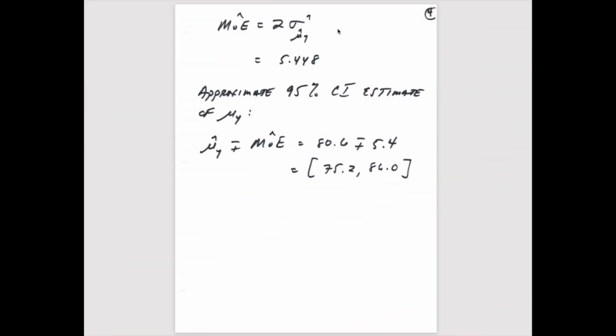Multiplying that by 2 gives the approximate 95% margin of error associated with mu hat sub y, and so that's 5.448. And then using that in conjunction with the point estimator, mu hat sub y, we get an approximate 95% confidence interval estimate for mu sub y, the average calculus score for all 486 students, as being somewhere between 75.2 and 86.0.